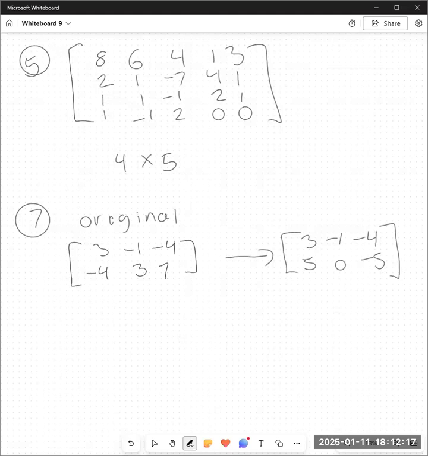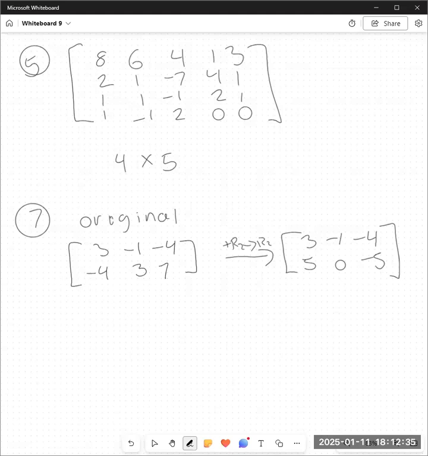I noticed that row 1 hasn't changed, so I'm definitely producing a new row 2, and I'm adding a multiple of row 1 to row 2 to produce a new row 2.